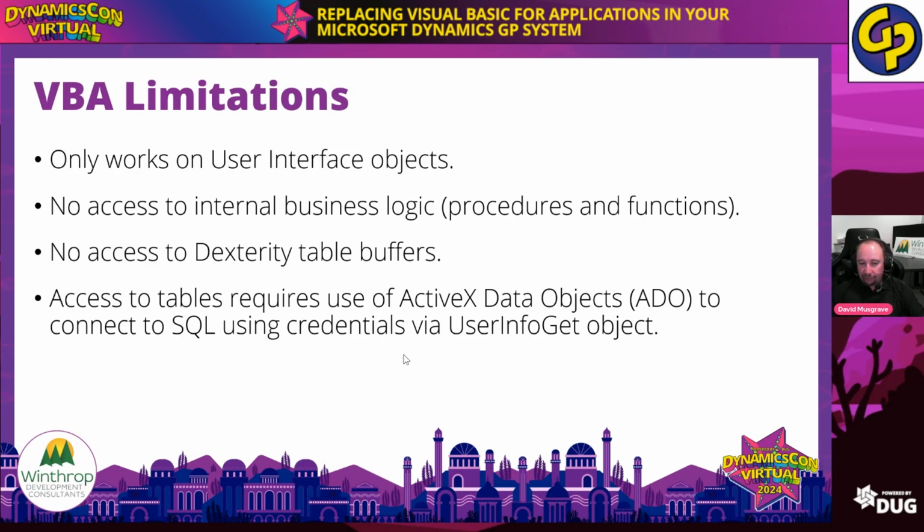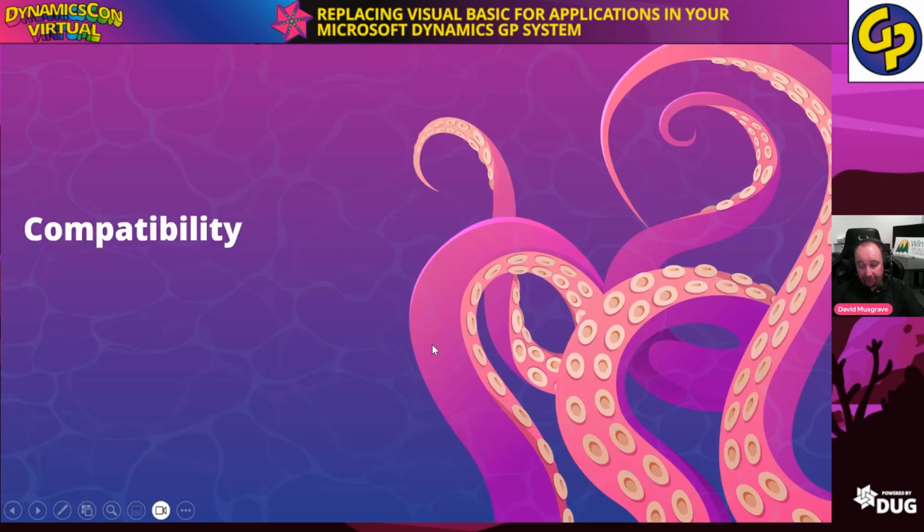So if you want to get access to other tables, then we need to use ADO, ActiveX Data Objects, and we can create a connection to SQL Server using the user info get object to get us the connection. Actually, it gets us the connection, I should say, rather than the password.